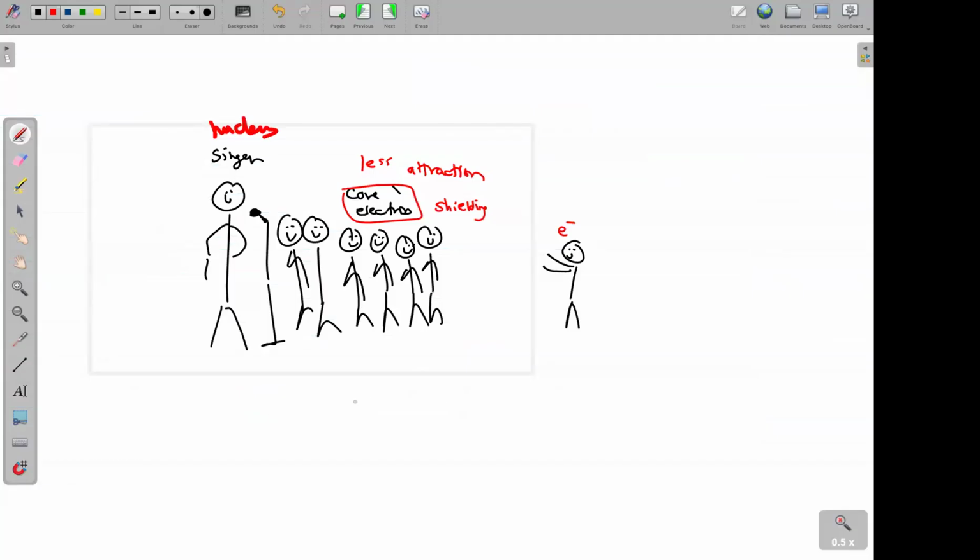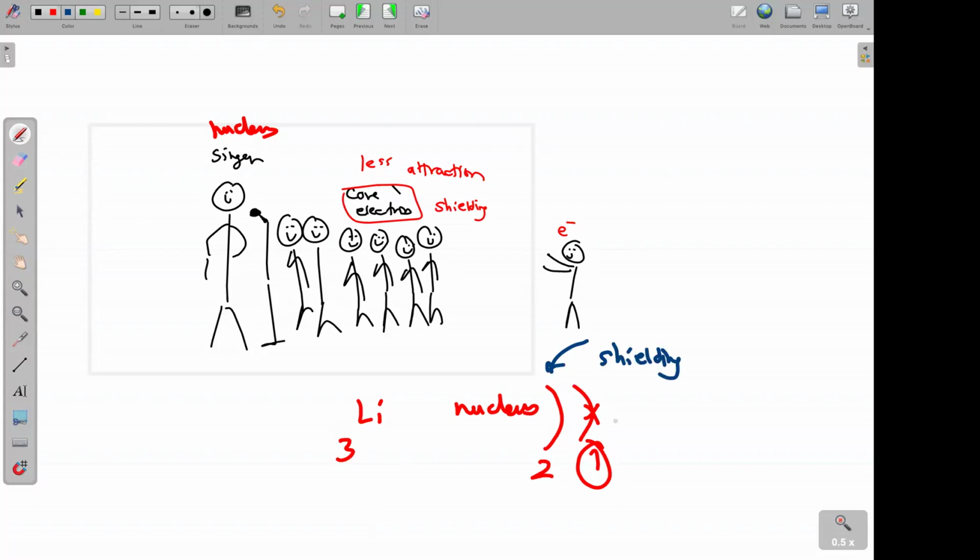There are only 3 electrons in the lithium, right? So there is the nucleus, then there is one shell with 2 electrons, and then there is the outermost. So what happened here? The shielding is very small. There is only one bodyguard between you and the nucleus. You can just give him one punch, and then you can say hi to your singer. So shielding is very small if you are up.